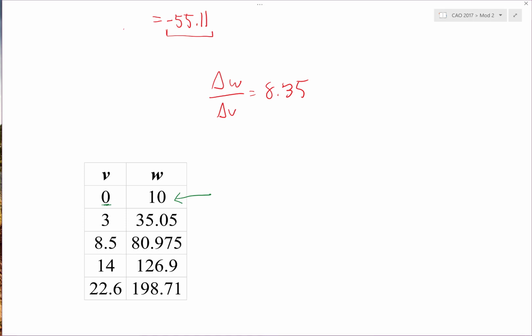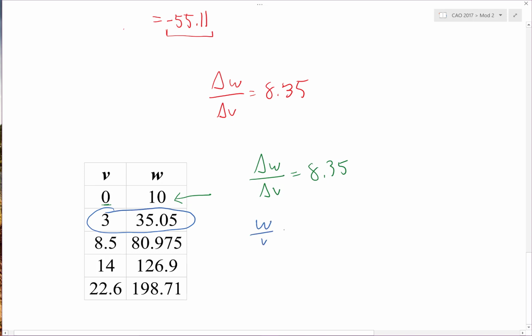Now, if you picked any two pairs of values for V and W, and you computed the ratio of the change in weight to change in volume, that ratio will always be equal to 8.35, no matter what two pairs of values you pick. But if we pick a pair of values, so let's pick this pair of values, and we computed the ratio of W to V, that would be equal to 35.05 divided by 3.